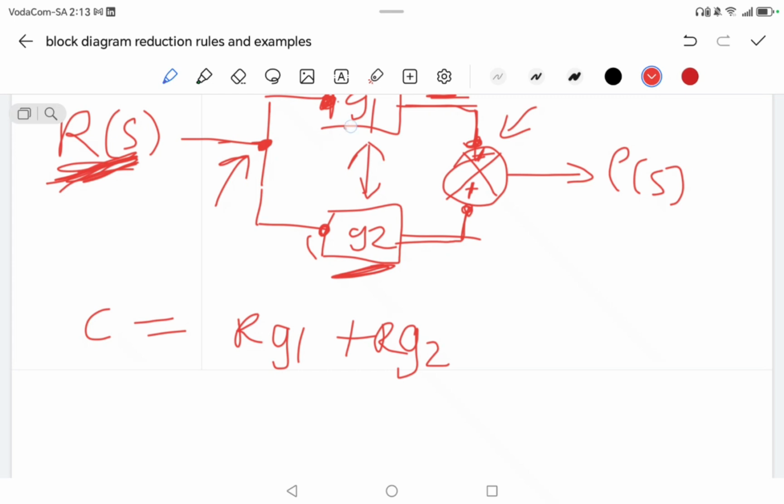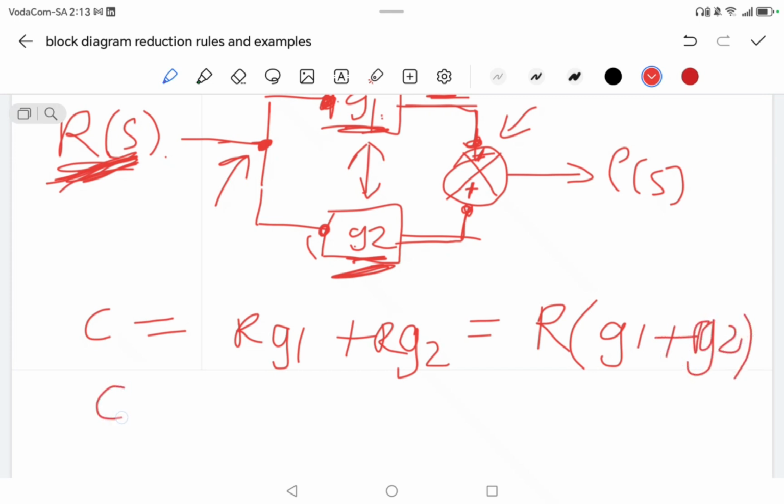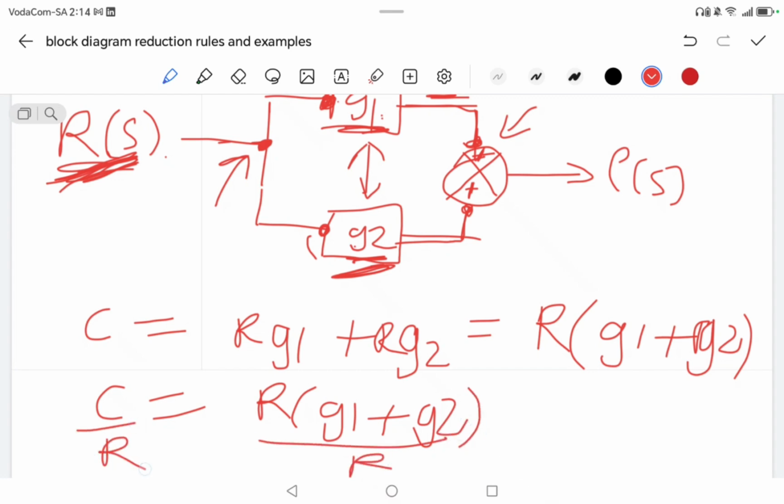We just want to see what's going to happen when we say this multiplied by this plus this multiplied by this. Obviously we have the common factor of R, and then it's G1 plus G2. So C is equal to R(G1 plus G2), right? Then when we take this R to that side, we divide by R, so the answer will be C over R is equal to G1 plus G2.